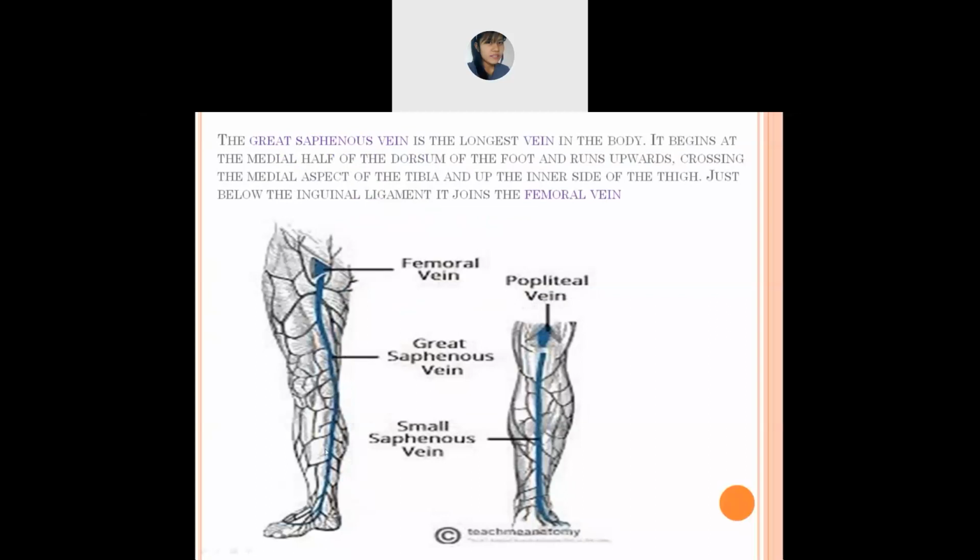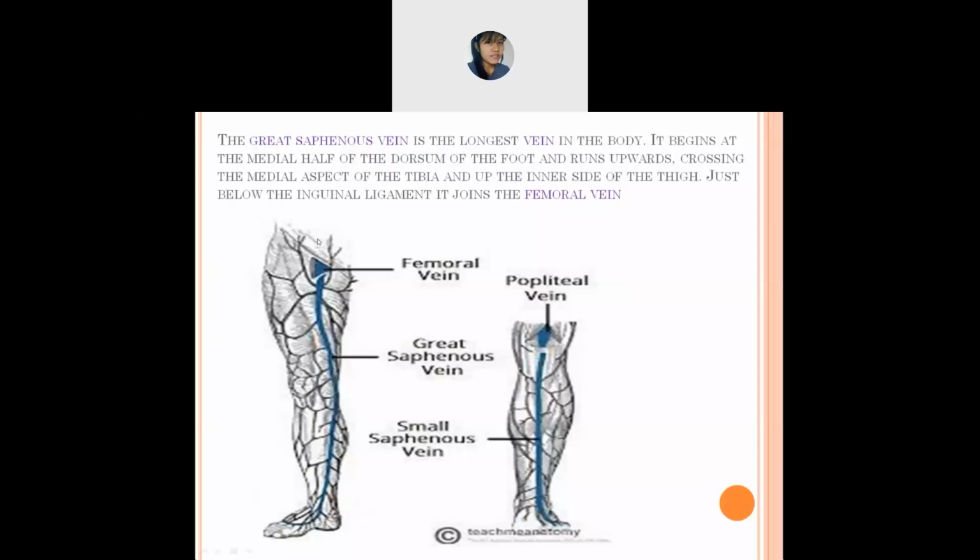So it will run along the tibia, and ultimately reach the thigh portion, and finally the femoral vein, which is just below the inguinal ligament. So this is the inguinal ligament.